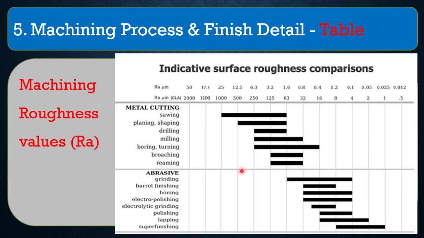And if I take any abrasive process of grinding or polishing, you will find polishing from 0.1 micrometer to 0.4 range. This is very important with respect to the tool manufacturing functionality requirement. We need to know what the surface roughness requirement is.